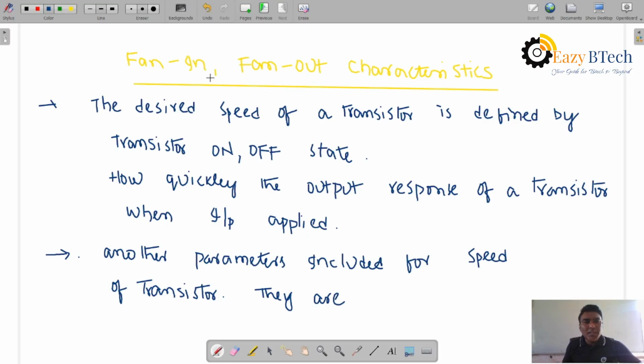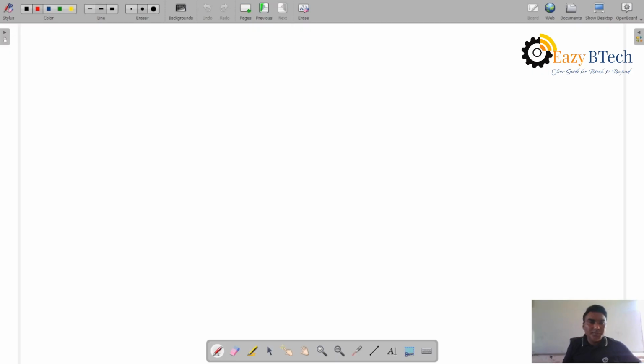By these two included parameters, the speed of a transistor can be known. Generally the on and off state gives the speed of a transistor, and the other two parameters are called fan in, fan out. Okay, let us see this one.